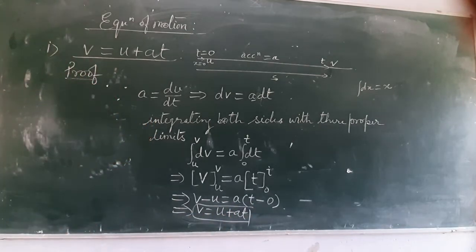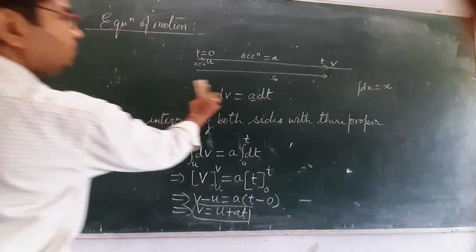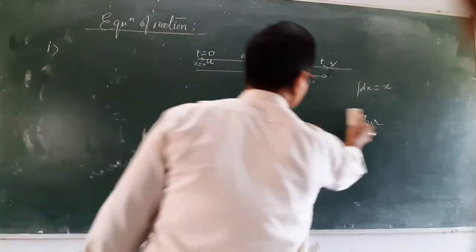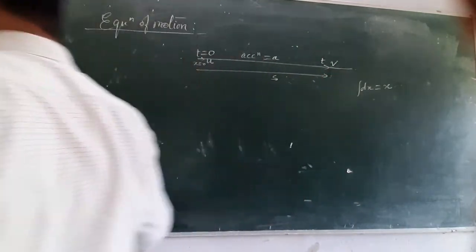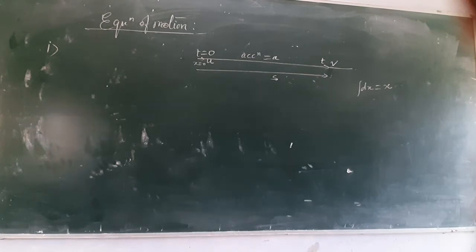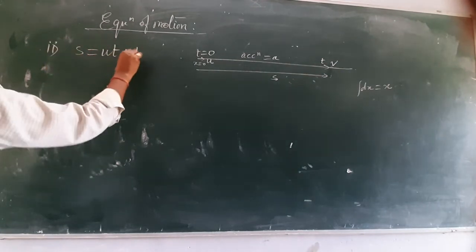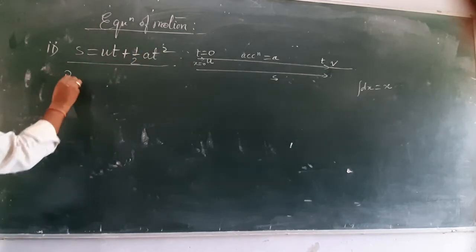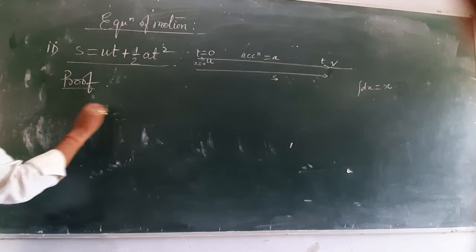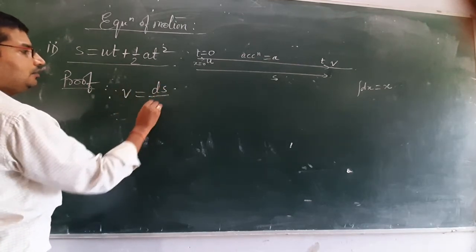Now come to the second equation. The second equation is s is equal to ut plus half at square. Come to its proof. You know, velocity is equal to ds upon dt.